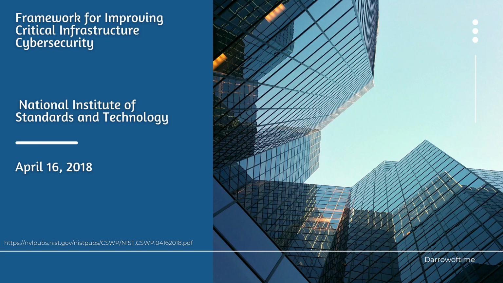Due to the increasing pressures from external and internal threats, organizations responsible for critical infrastructure need to have a consistent and iterative approach to identifying, assessing, and managing cybersecurity risk. This approach is necessary regardless of an organization's size, threat exposure, or cybersecurity sophistication today.